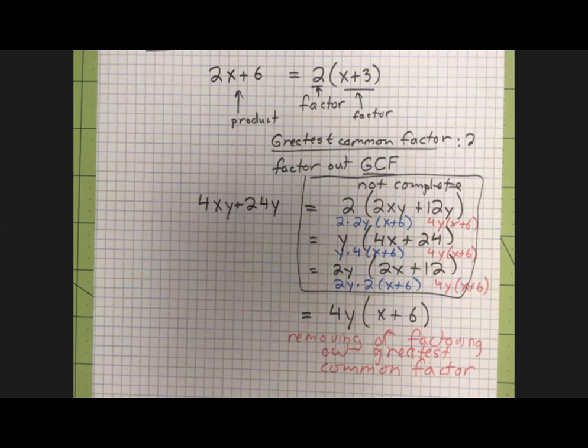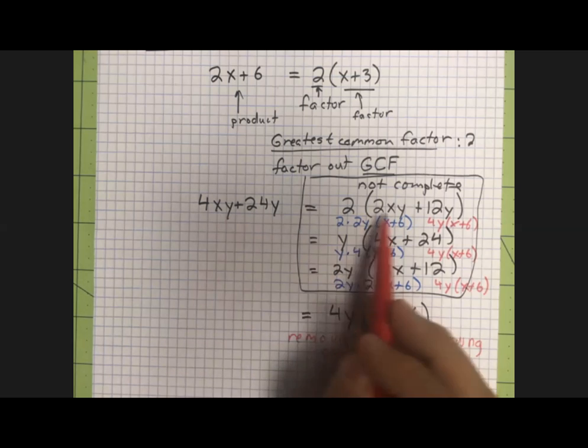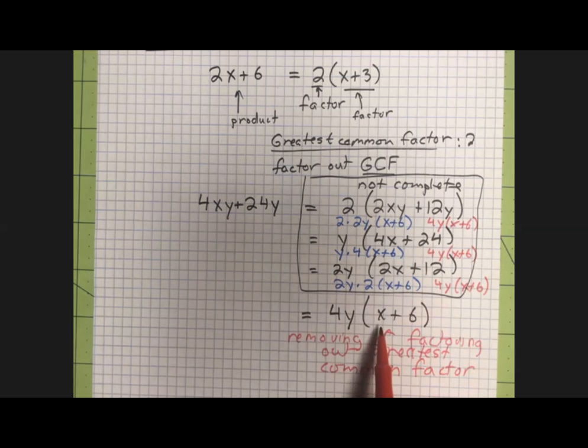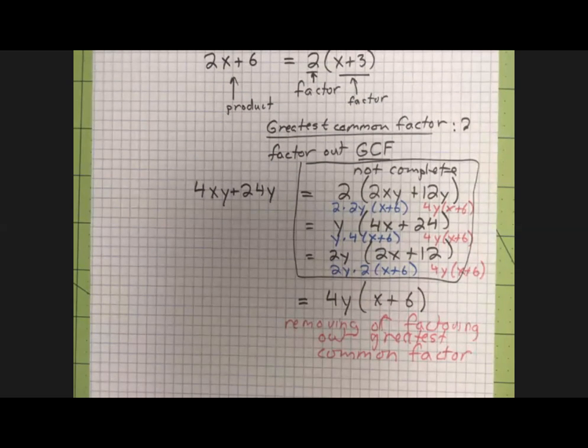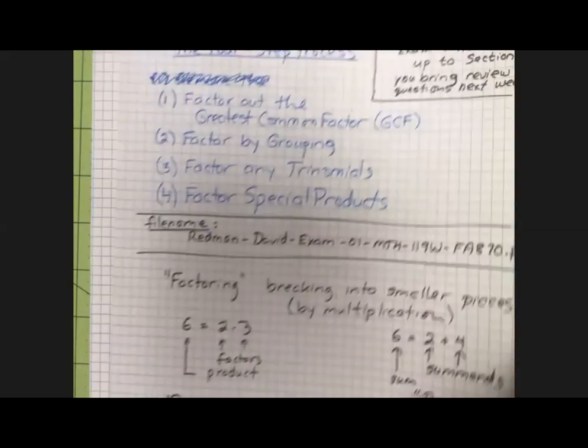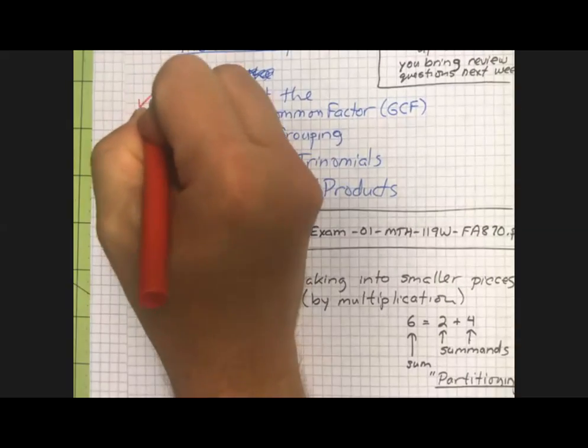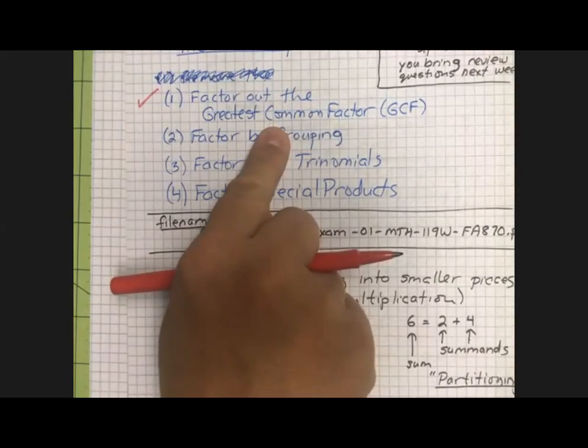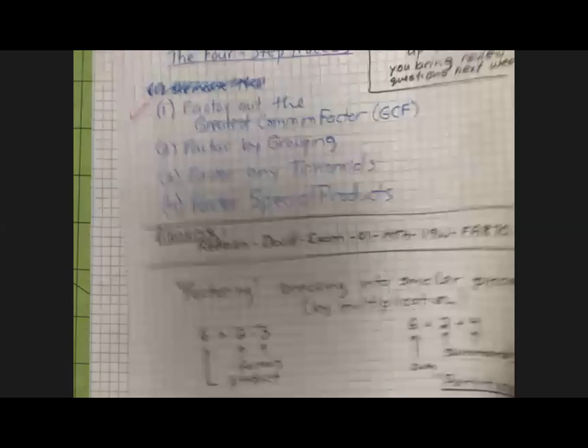After you pull out the greatest common factor, do you see what happens? The thing naturally gets easier to look at, naturally gets smaller. Okay, so greatest common factor is always step one. Don't begin until you removed everything that everyone has in common.